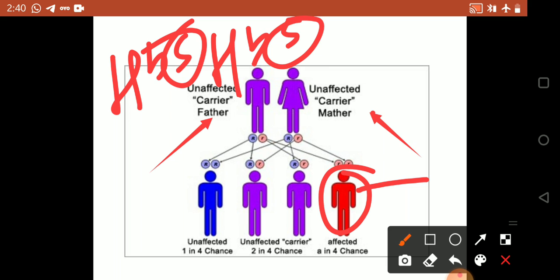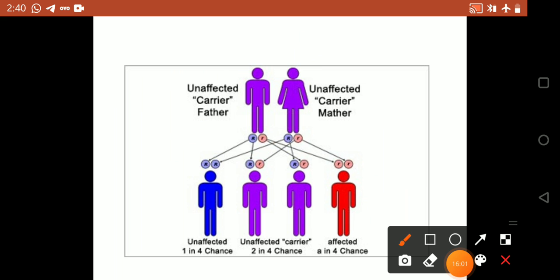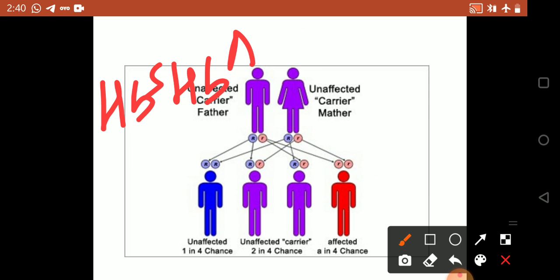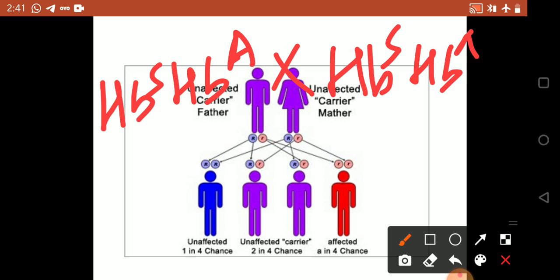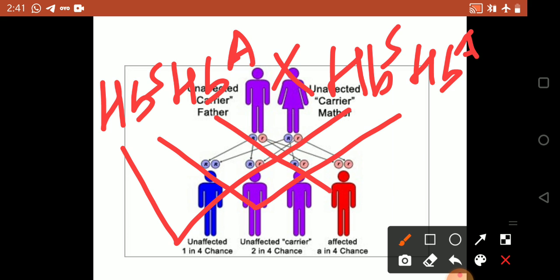As I was telling, in this scenario both parents carry HbS with HbA. When they are crossed with each other, what are the chances? HbS with HbS, HbS with HbA, HbA with HbS, HbA with HbA.